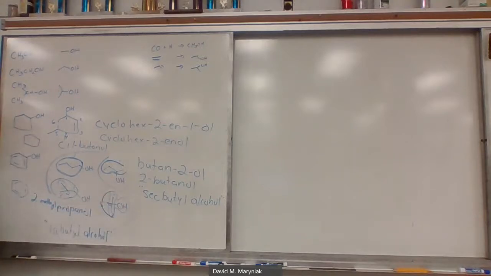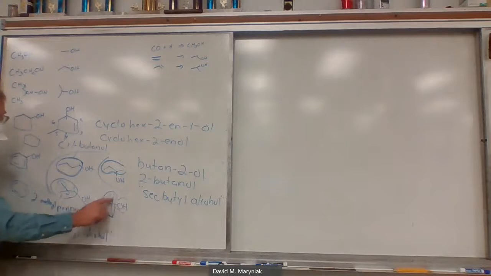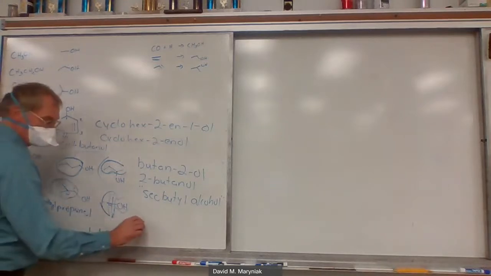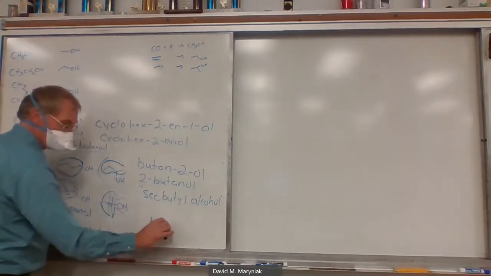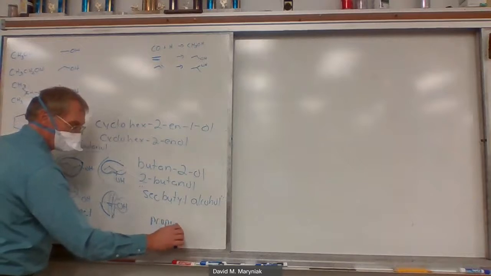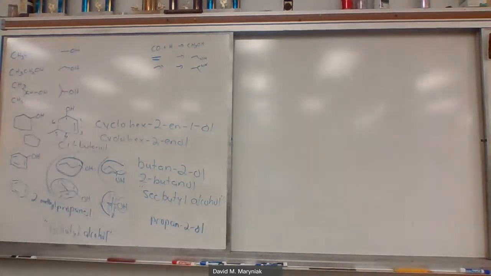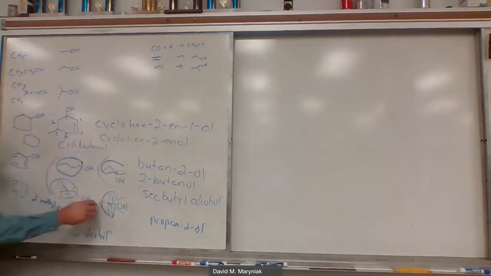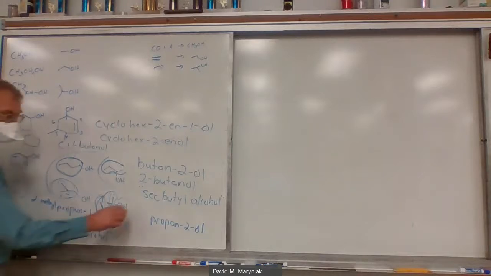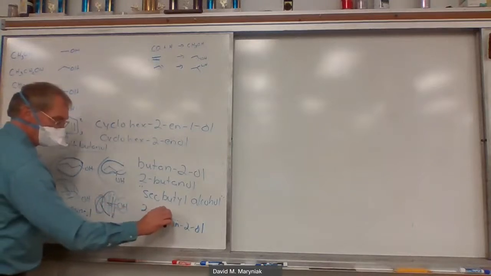But now can you leave off the 2? Now the alcohol group is off number 2 of your propane skeleton, so you have to say propan-2-ol, and then do you still have to name this single carbon unit as 2-methyl?